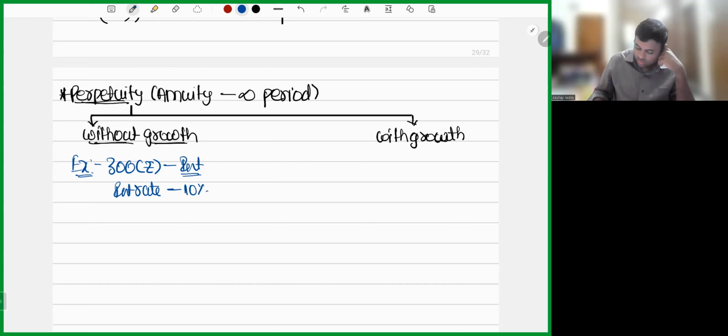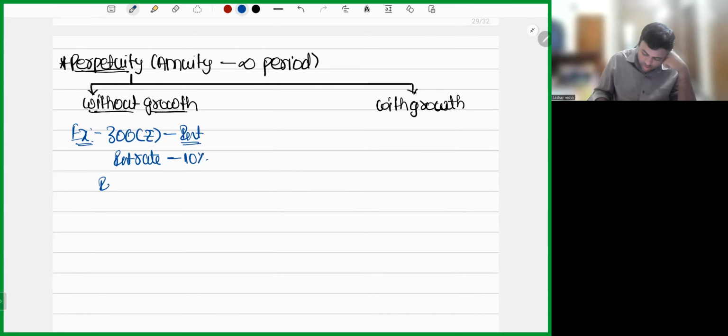You remember the formula, my dear friends? Interest divided by principal into 100 will give you the rate of interest. Now I'll do cross multiplication. Interest divided by R into 100 will be equal to principal.